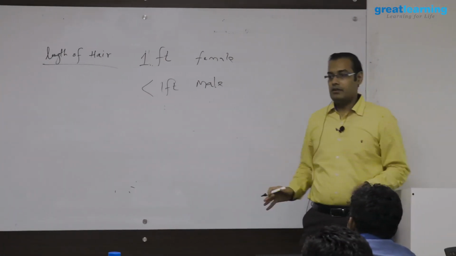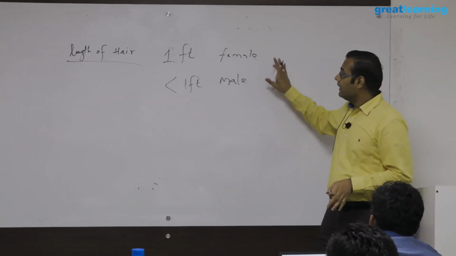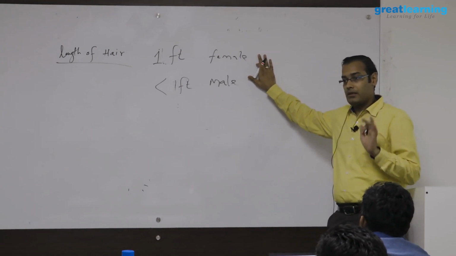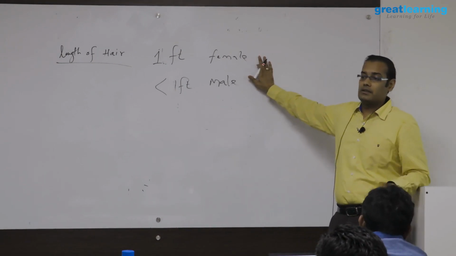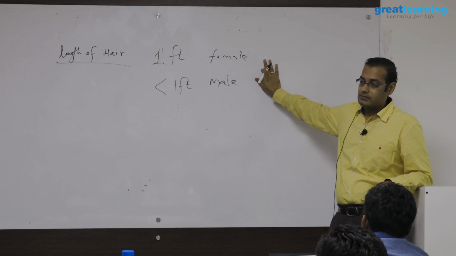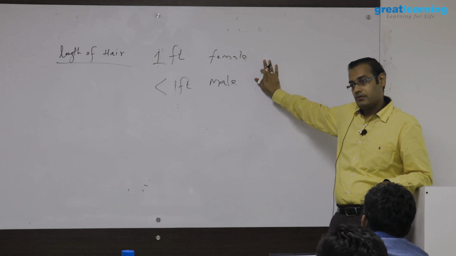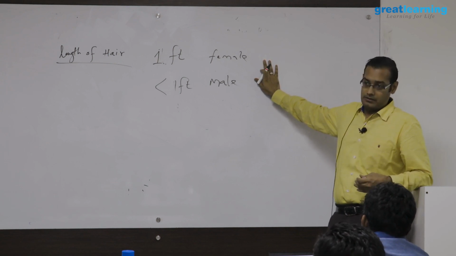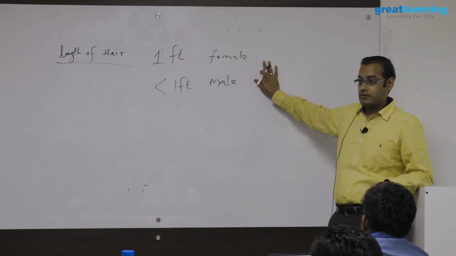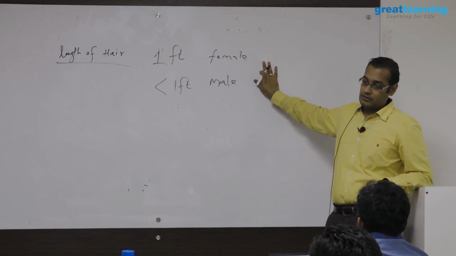If I take data, will it not come significant as a parameter to get the gender of the person? It will. But will it be 100% accurate?